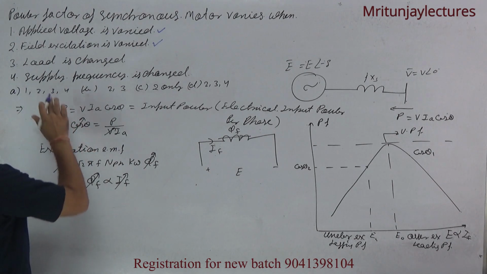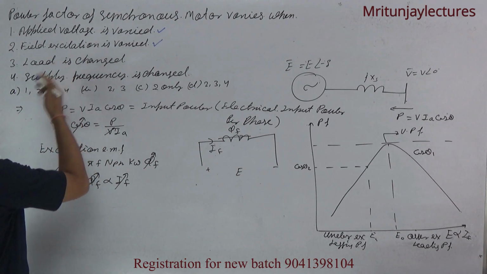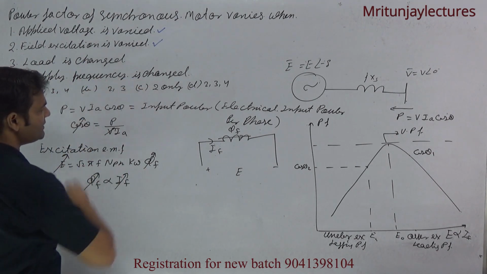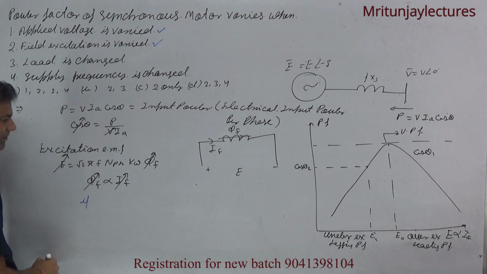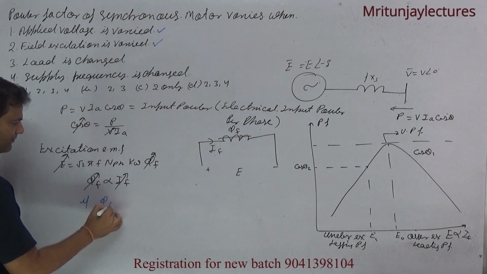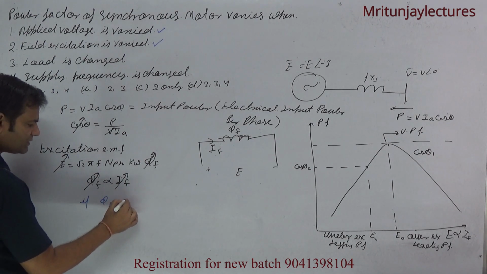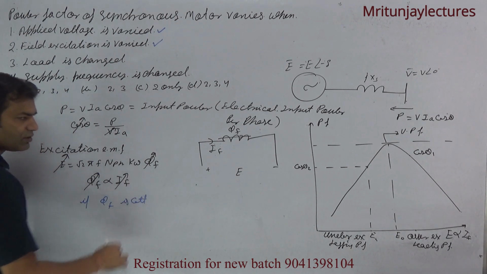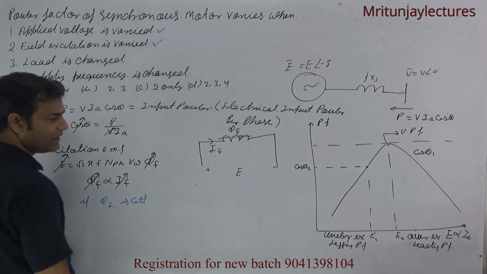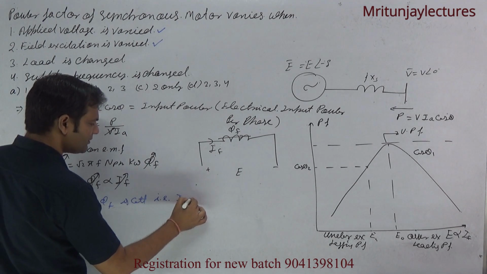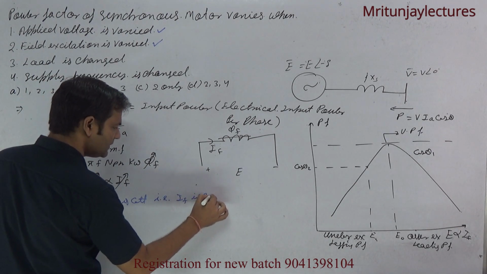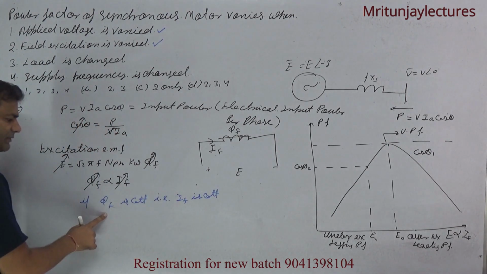Now next one, load is changed. Now the last one, let us focus on the last one, after that the third one. Supply frequency is changed. If phi f is constant, that means IF is constant. If IF is constant, then phi f is constant.